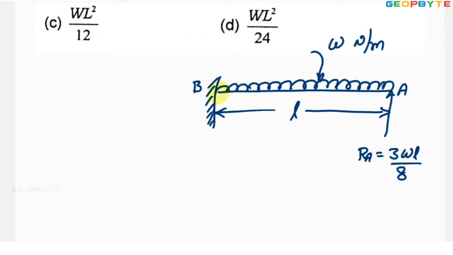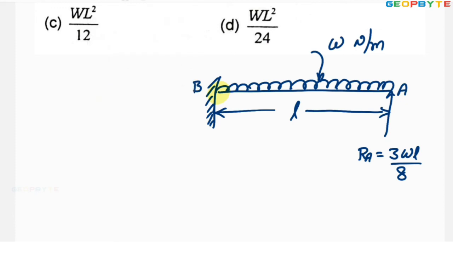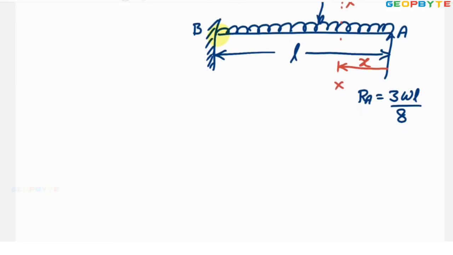At B, what will be the bending moment? For that, let us take a section XX at a distance of x from the propped end A. Now let us find the bending moment at that section.